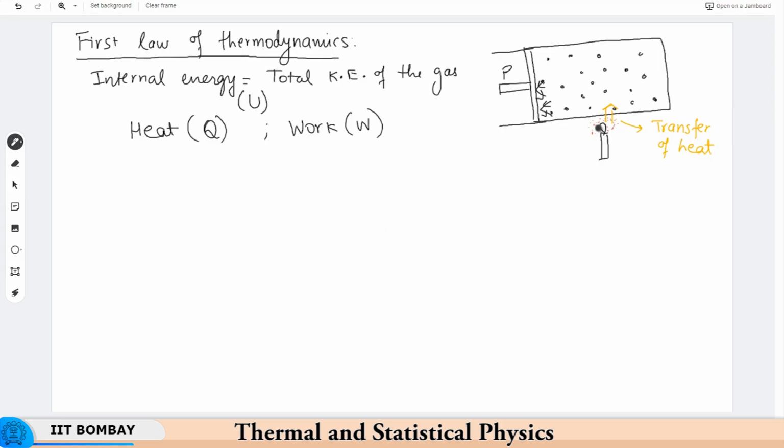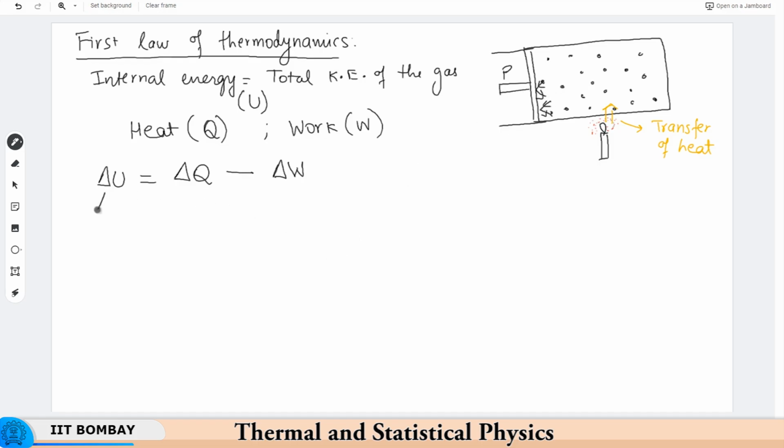According to the first law, it is now very easy to see that the change in the internal energy of this gas, let us call it delta U, is the heat that is supplied from the candle to the gas, delta Q, minus the amount of work done by this gas onto the wall.